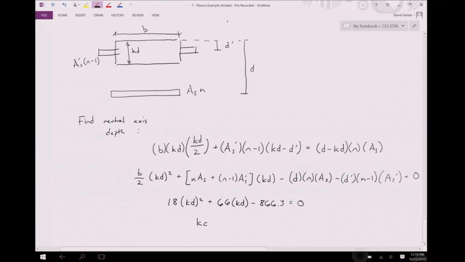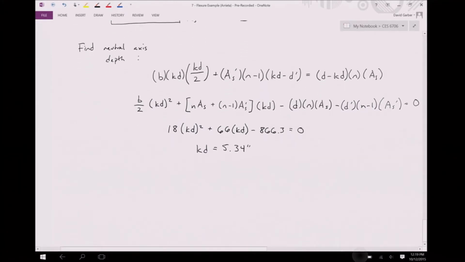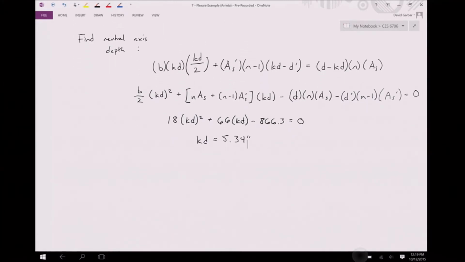And then using the quadratic formula, we can find our KD equal to 5.34 inches. So now we can calculate our section properties. And just like before, our cracked transformed section.